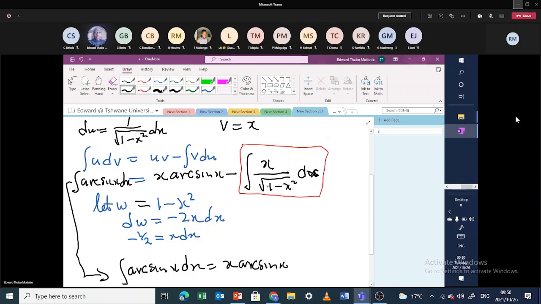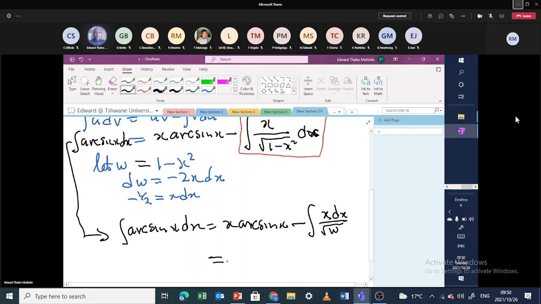Now to integrate this one, minus, let's integrate. You substitute there, it's going to be the integral of u. Let me just write everything. So this is w here, dx.